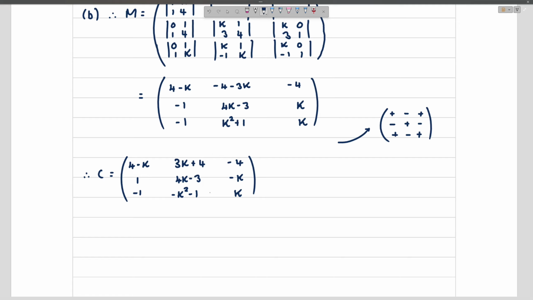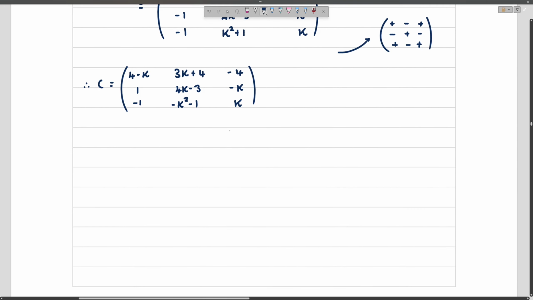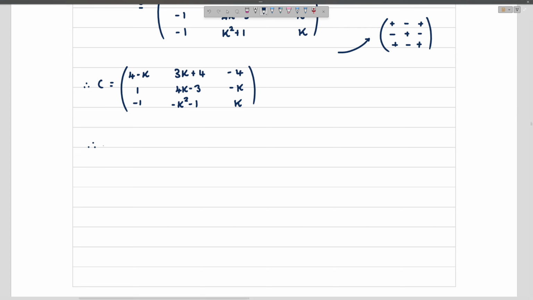And what we now need to do is find the transpose of the matrix of cofactors. So that's C to the power of t here. This is just the matrix of cofactors transposed. When we transpose a matrix, the first row becomes the first column. I get 4 minus k, 3k plus 4, then minus 4.